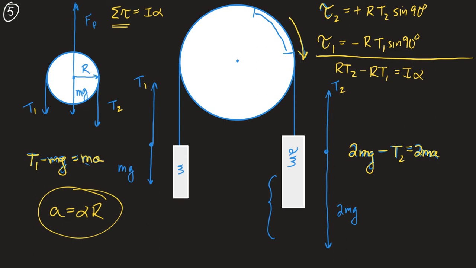And the reason that's important is it means I can write this as R T2 minus R T1 equals I times a over R. Now that might not look important now. Trust me, you have done the second most important thing here after making sure the two tensions aren't the same.